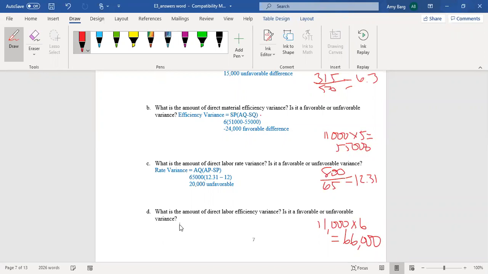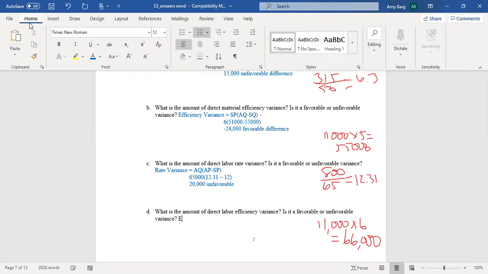So the efficiency variance down here is the same as the efficiency variance up top. For the efficiency variance, we take a standard price and hold it constant so that we compare the quantities of hours that were required, the actual quantity compared to the standard quantity.